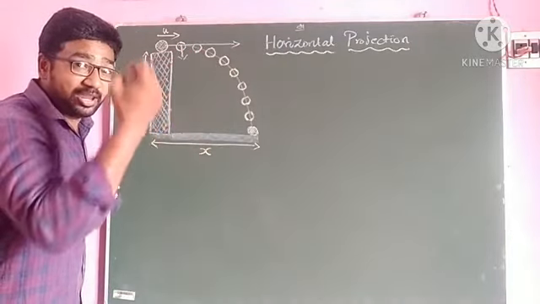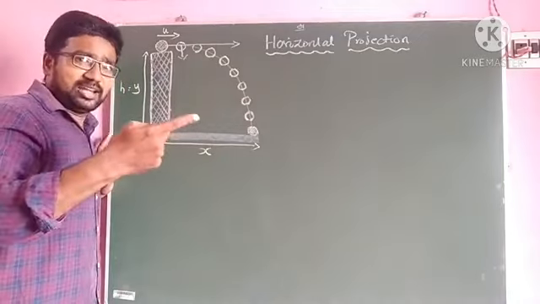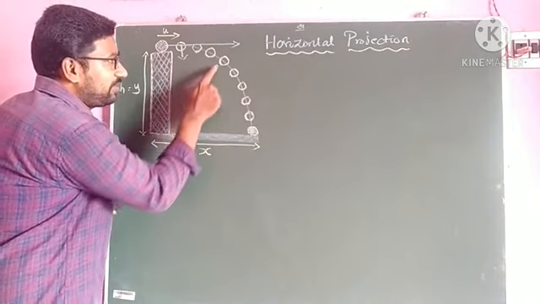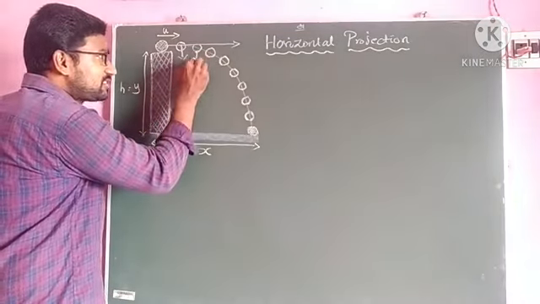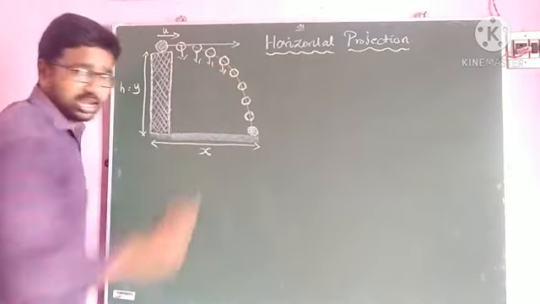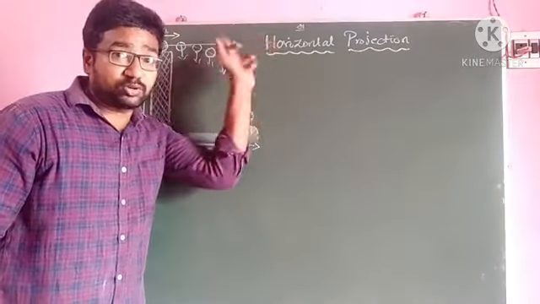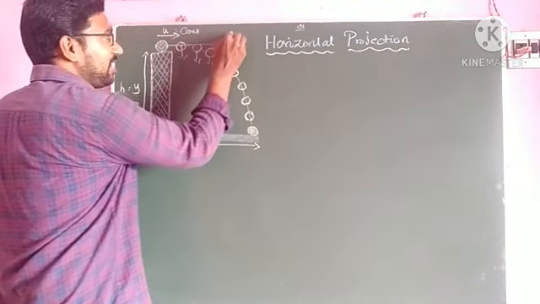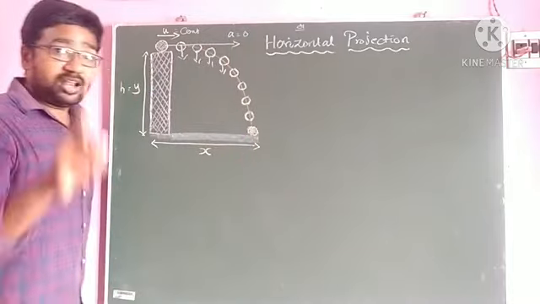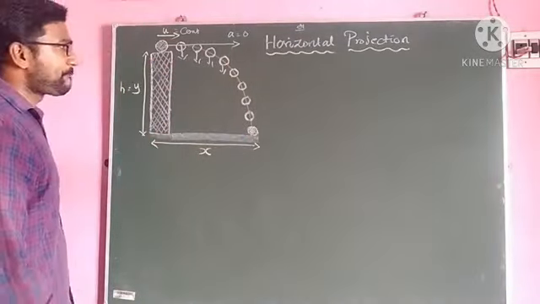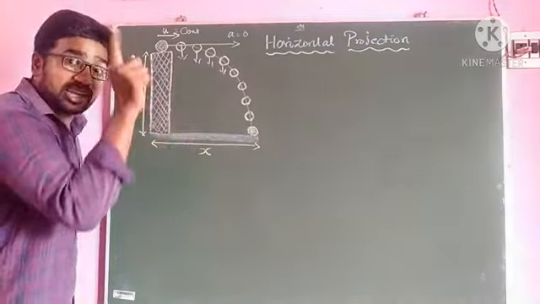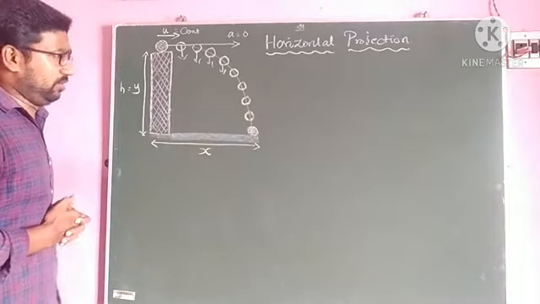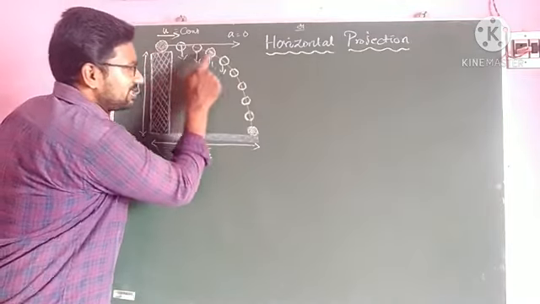As I told you before, in vertical motion there is a changing velocity because the height is varying, but the horizontal velocity remains constant. That means there is no acceleration in the horizontal direction. But in the vertical direction there is a changing velocity and acceleration also. Here the ball is moving in this motion.